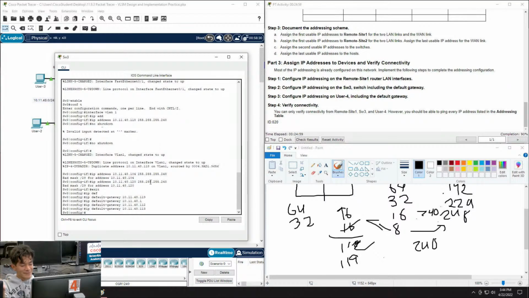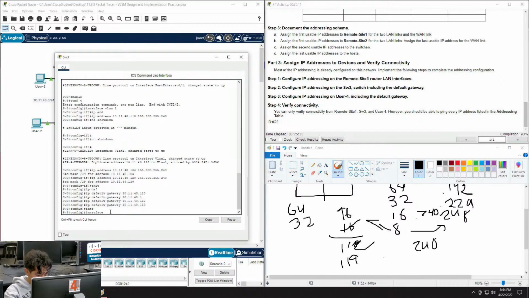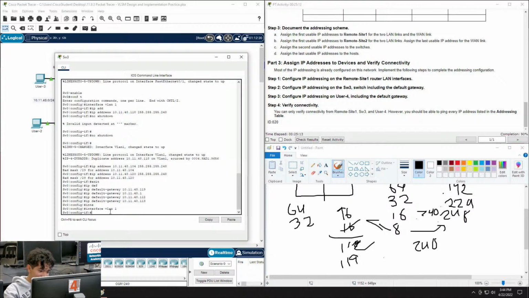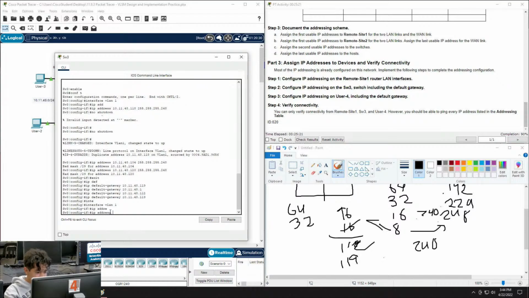The first usable would be 113. So that means our, let me just type it in. Okay, interface VLAN 1, IP address, 10.11.48.